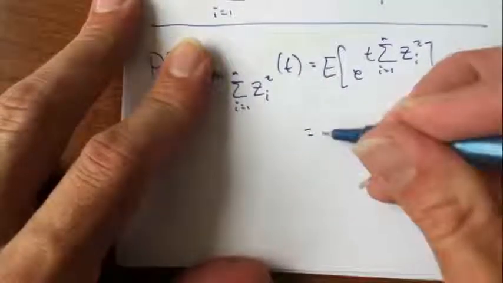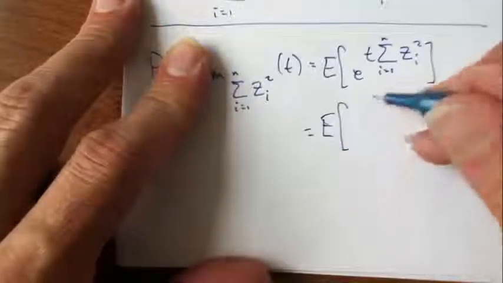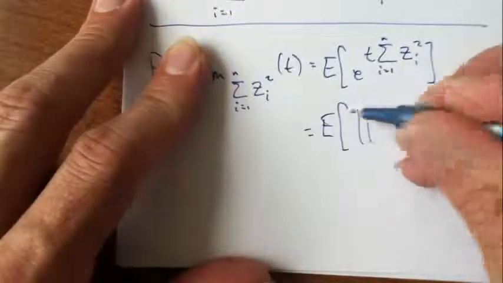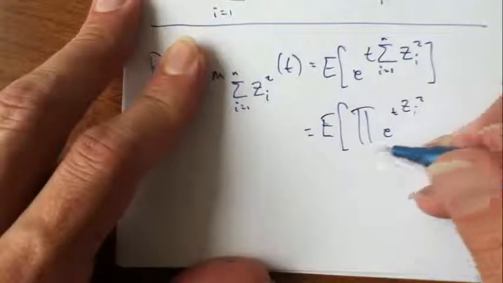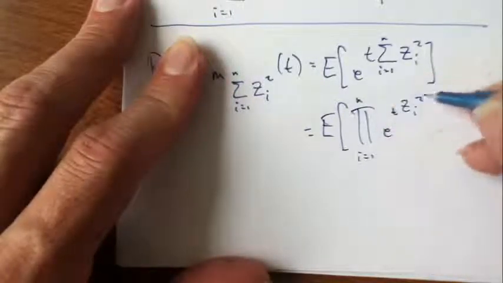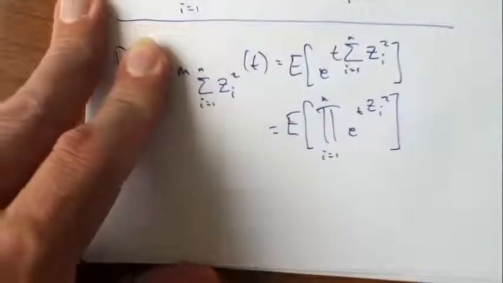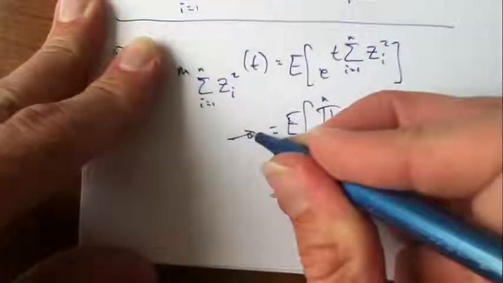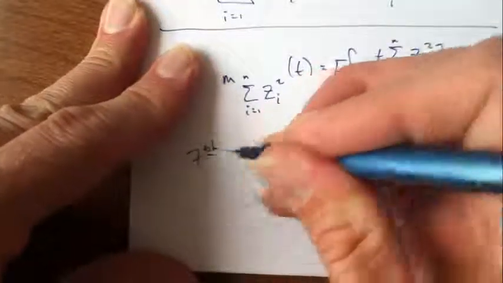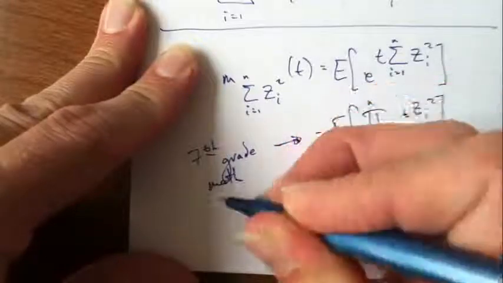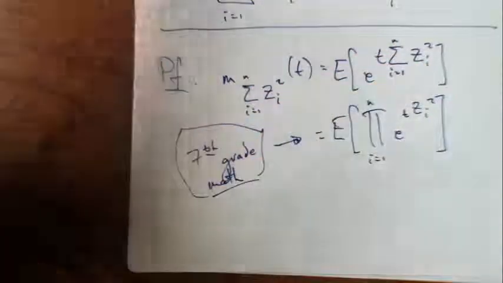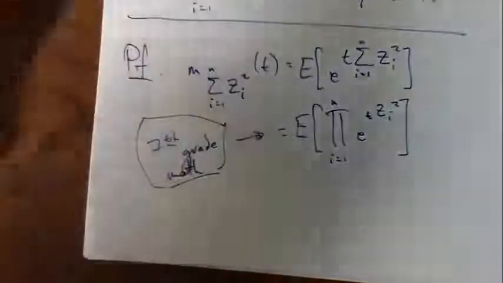Okay, so then that equals the expected value of, I can write this as a product, right, of e to the t z sub i squared, i goes from 1 to n. Okay, and this is by 7th grade math, right? If you were in the 7th grade, you learned that in 7th grade math class, or some previous math course. Maybe you took it last year, I don't know.